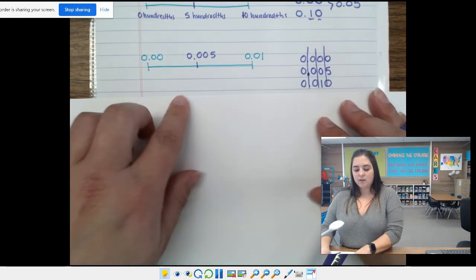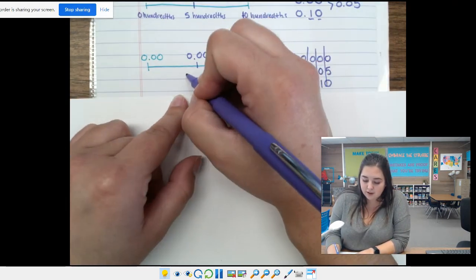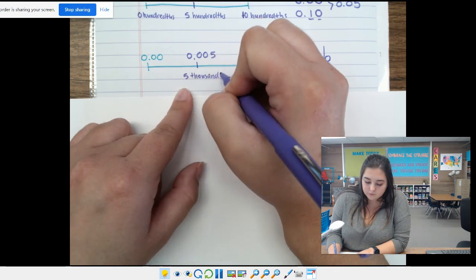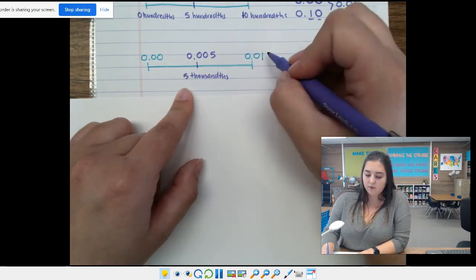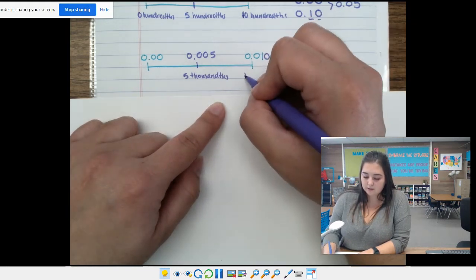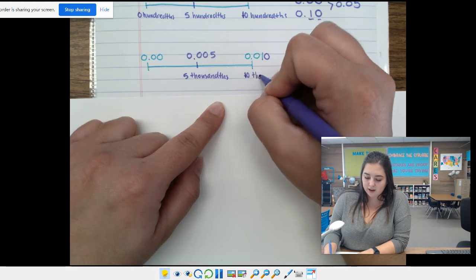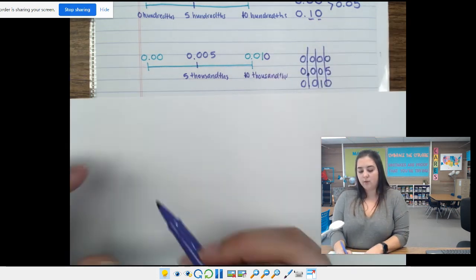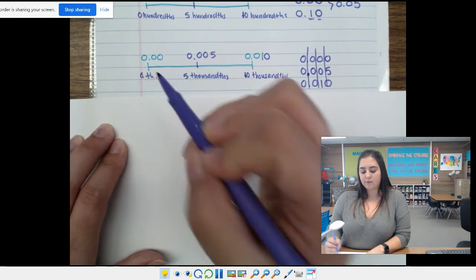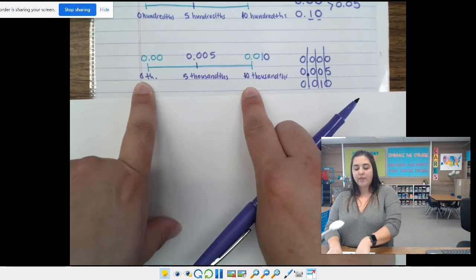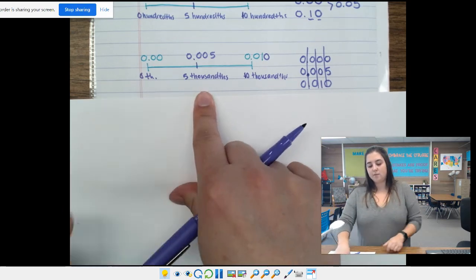And on this one, my midpoint I'm saying is 5 thousandths. If I make this go to the thousandths place by adding a 0, I keep doing that, 10 thousandths. And of course, 0 thousandths. Seeming right. In between 0 and 10 thousandths would be 5 thousandths.